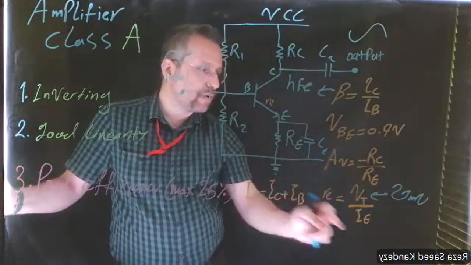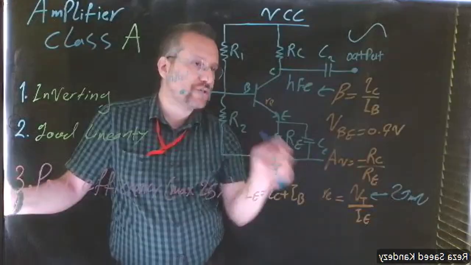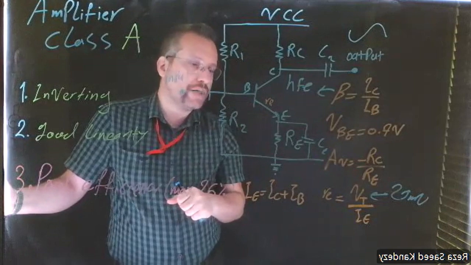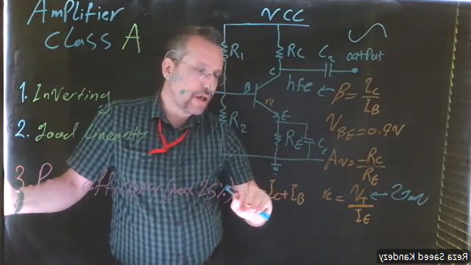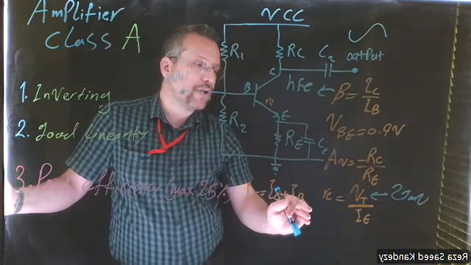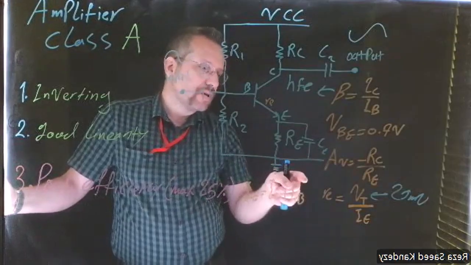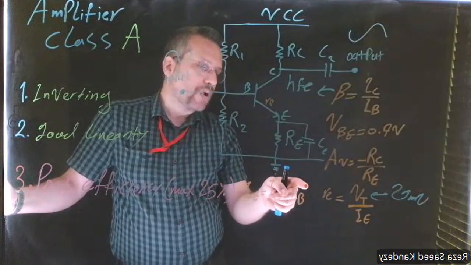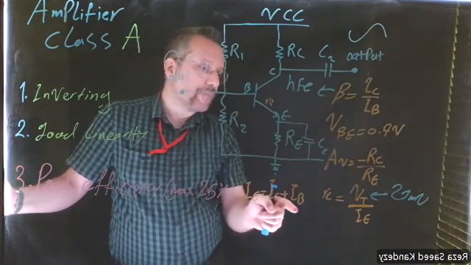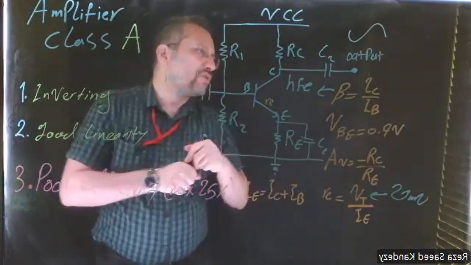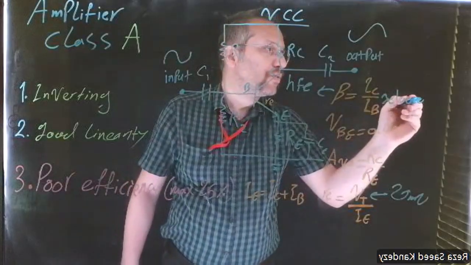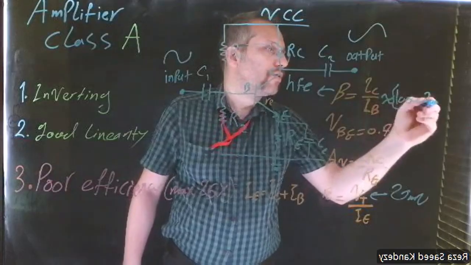We talked already about this lowercase RE, which is the intrinsic resistance of the BJT. And we already know that IE, the current in the emitter, is the summation of the collector current and the base current, where the collector current is beta times the base current, and beta is normally somewhere between 100 to 300.